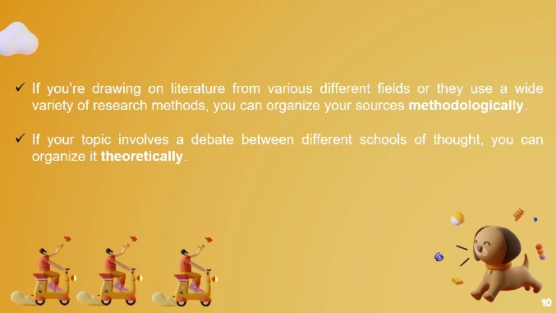That means grouping together studies based on the type of research they did and discussing the findings that emerged from each method. Number 4. If your topic involves a debate between different schools of thought, you can organize it theoretically. That means comparing the different theories that have been developed and grouping together papers based on the position or perspective they take on the topic, as well as evaluating which arguments are most convincing.